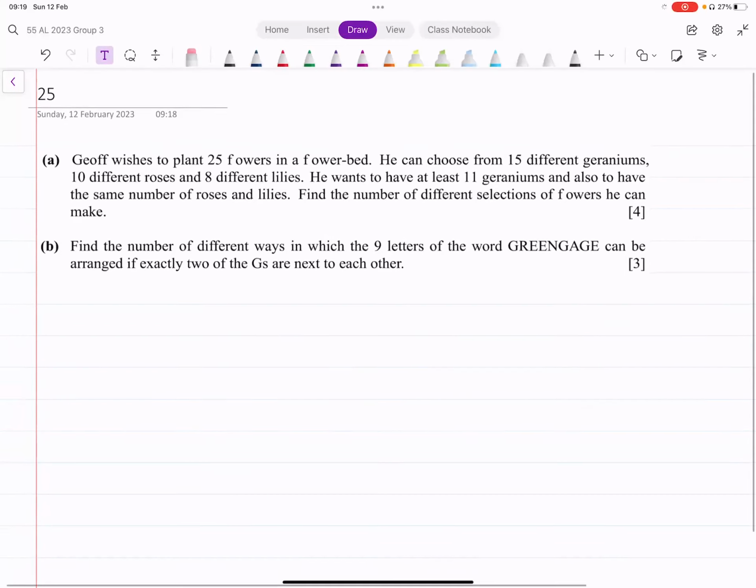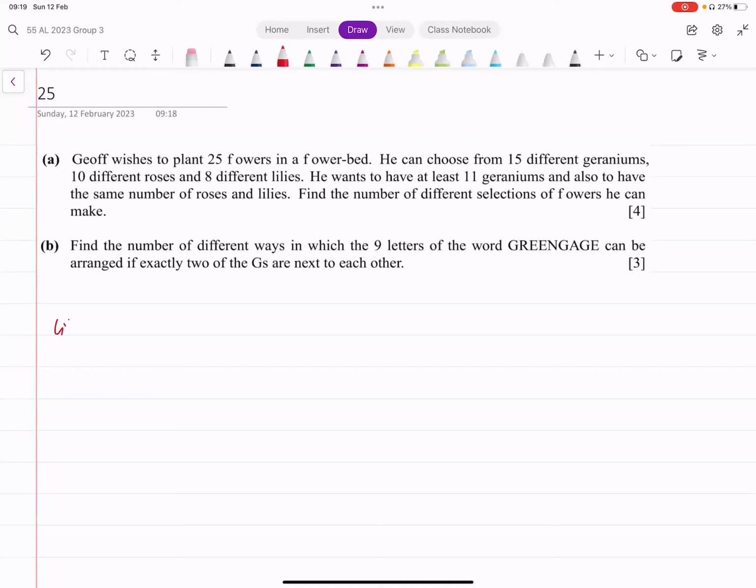Let's start with the first part. Now he wants 25 flowers. He can choose from 15 different geraniums, 10 different roses, and 8 different lilies. This is the condition that we're given.